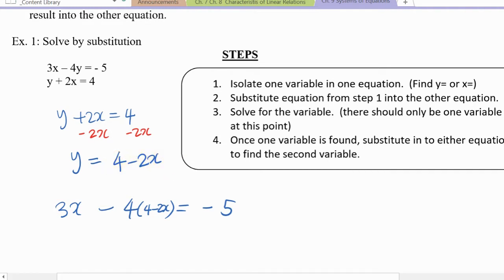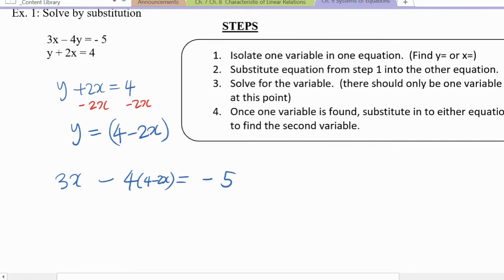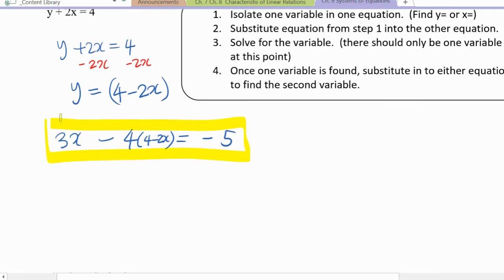If it is confusing, you can just put a bracket around it. Instead of writing y here, we're writing bracket 4 minus 2x, because they are the same. Now look at this. This is just one equation with one variable. So let's solve this.